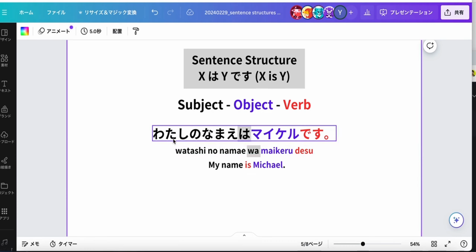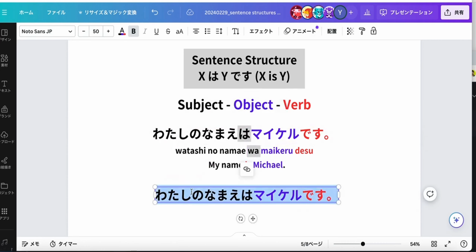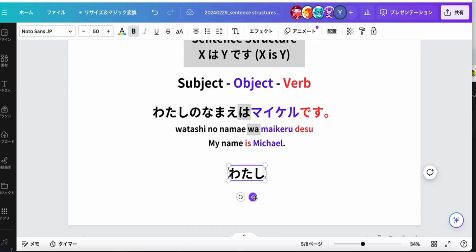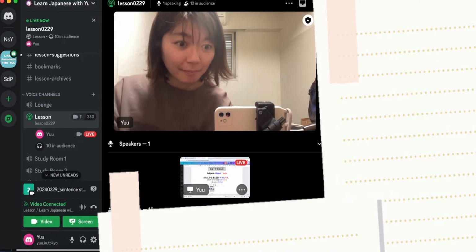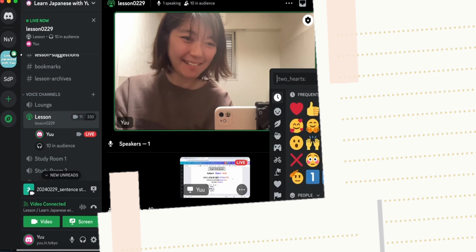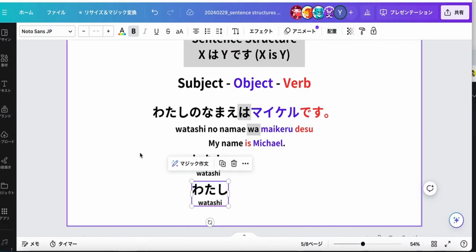So you can say 私の名前はマイケルです。You can also just say 私はマイケルです。ピザが大好きだよ。私も大好き。ピザ美味しいですね。Yes. そう、でも日本のピザはそんなに美味しくない気がするけど、I don't think Japanese pizza is that good.